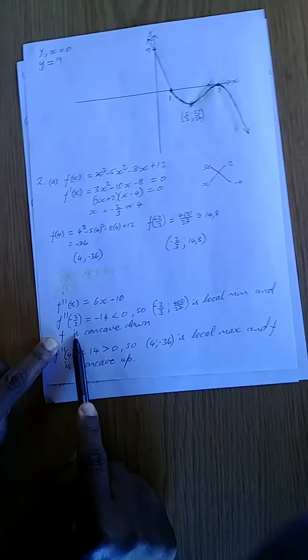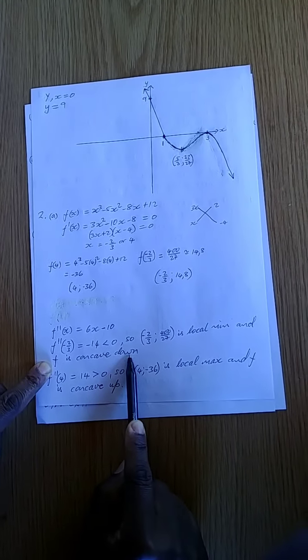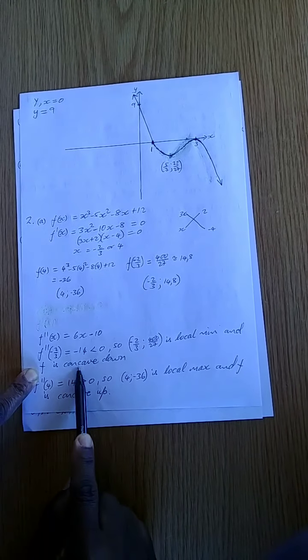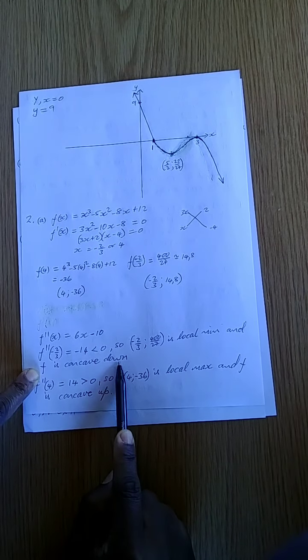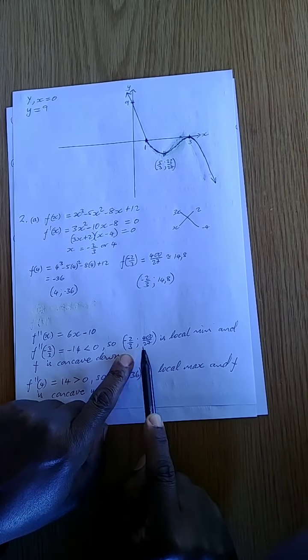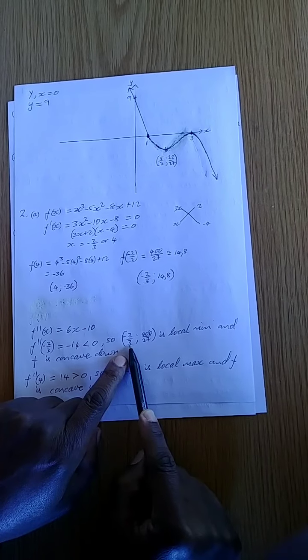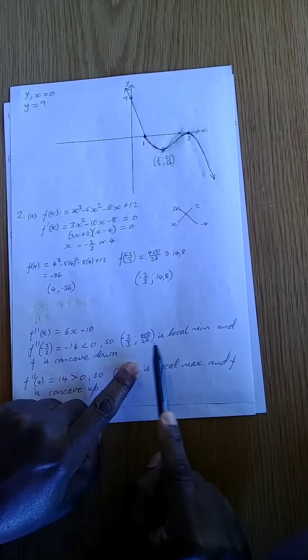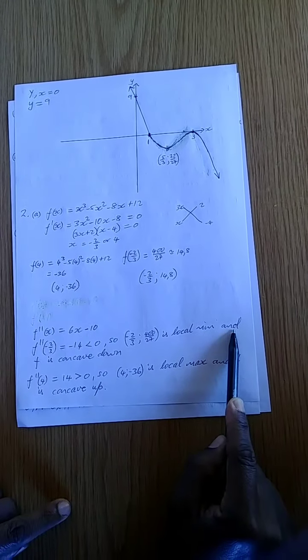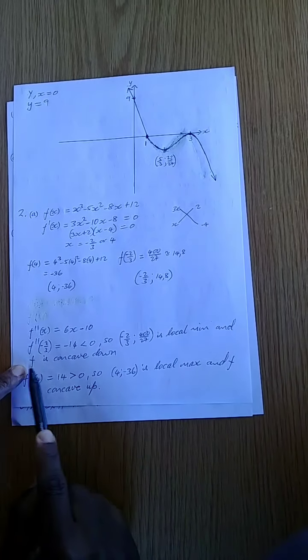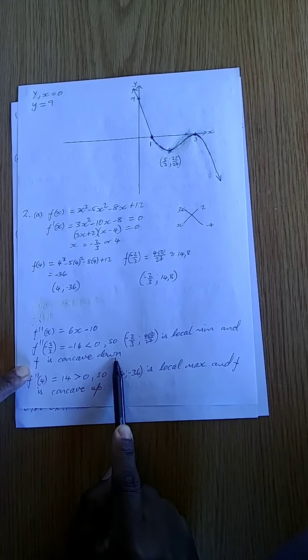So f is concave down. Now we are saying it is concave down, which means there is a maximum turning point first. Then for this one, we have minus 2 over 3, and 400 over 27 is a local minimum, and is concave down.